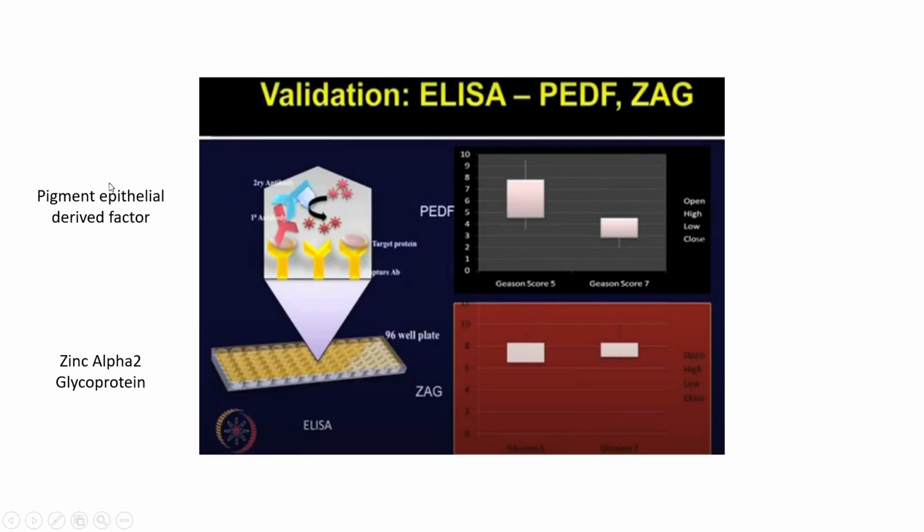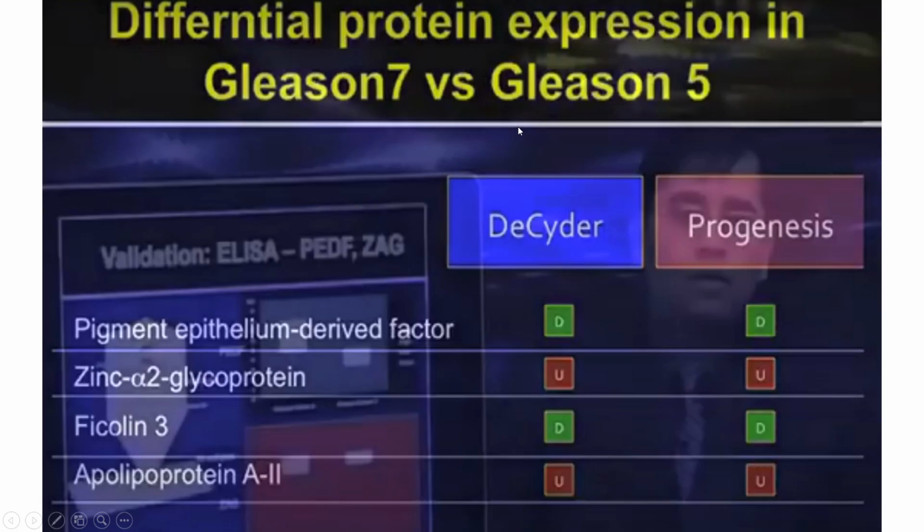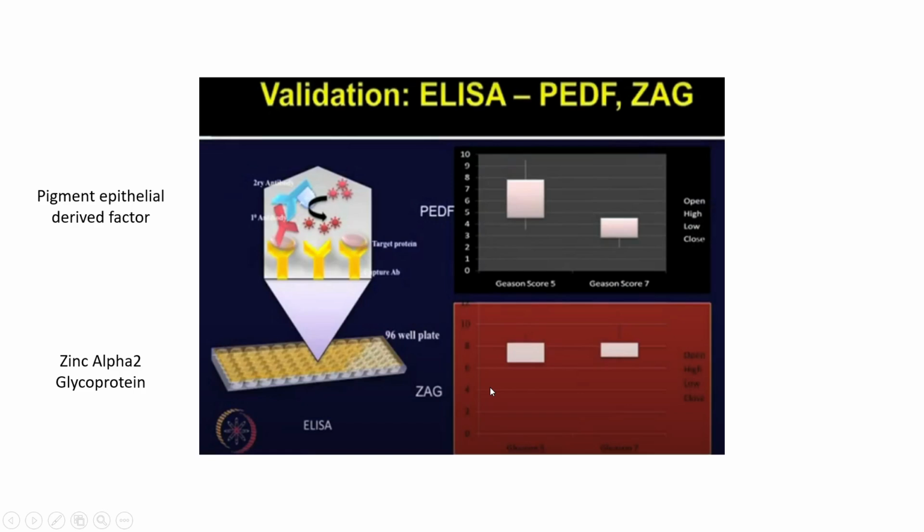One of them, pigment epithelial derived factor, was downregulated in the patients. If you can see, in the Gleason 5 patients it was higher, whereas in Gleason score 7 patients it was lower. You can see the difference.